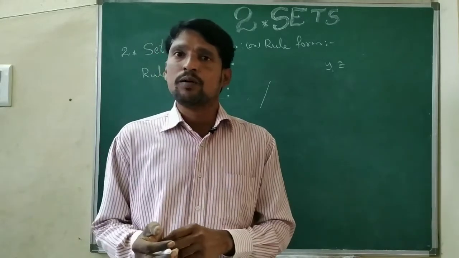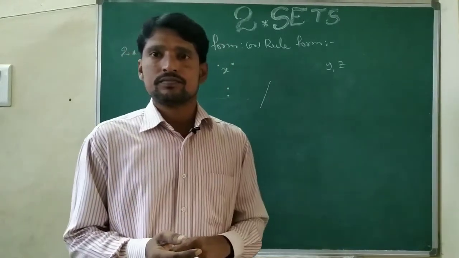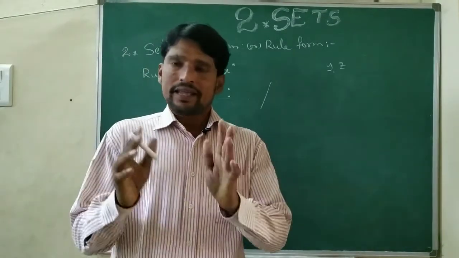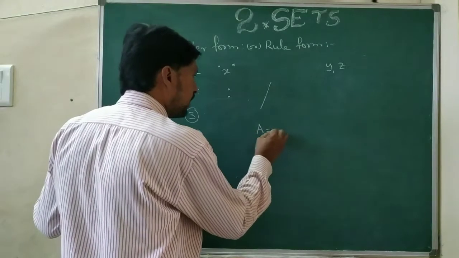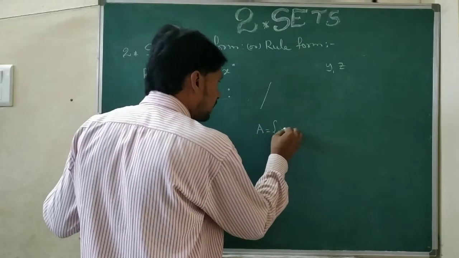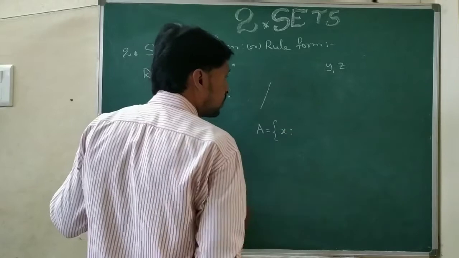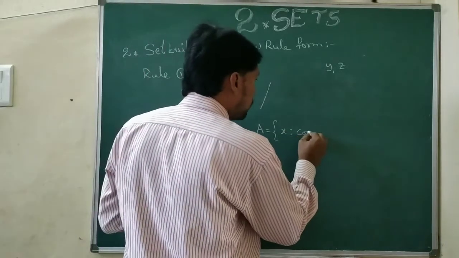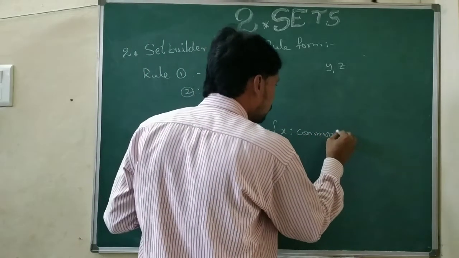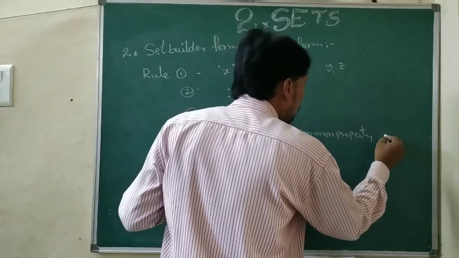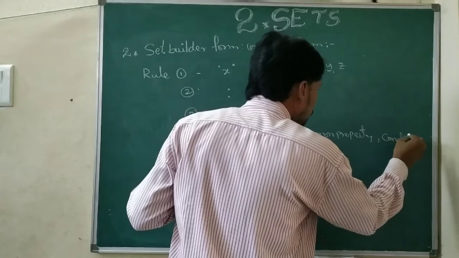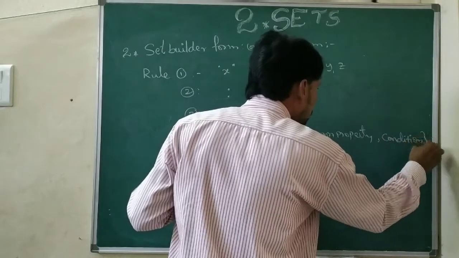Let us see some examples for set builder form. See here how to write the set builder form. A equals x such that common property, comma, condition. That condition we should write.